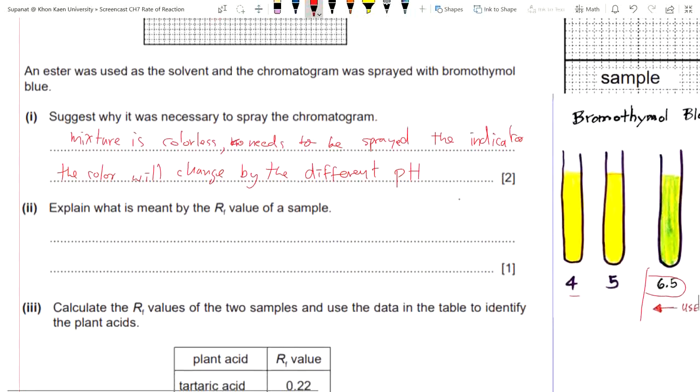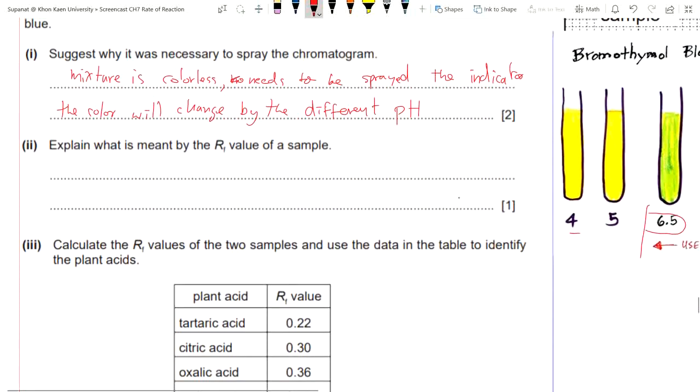All right. Explain what is meant by the RF value of the sample.